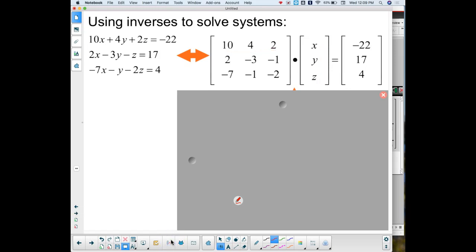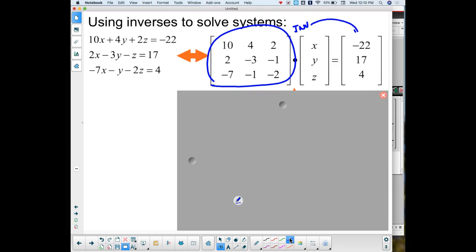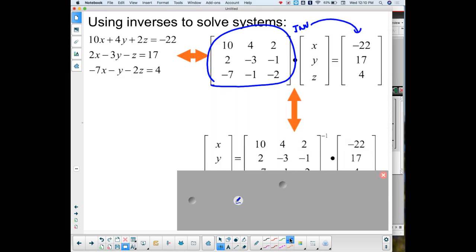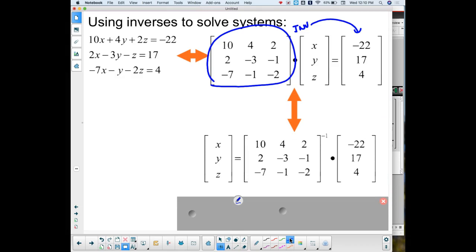Now, with inverse matrices, I can take the inverse of this matrix and multiply that inverse by that matrix on the left side, and I get this now as my matrix equation.